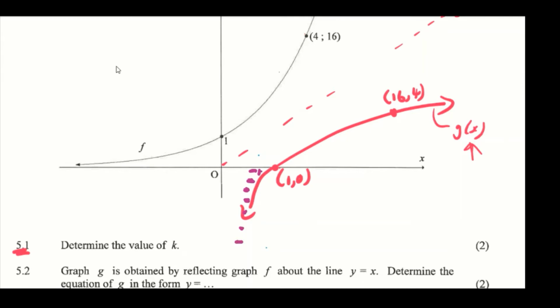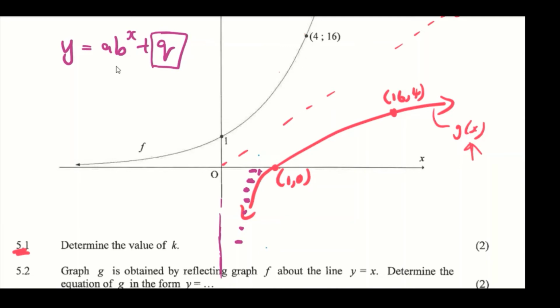But we know very well that this graph doesn't touch this y-axis. Why? Because it's an inverse, and remember that we're having an exponential equation. The normal exponential equation is ab to the power of x plus q, which has an asymptote.